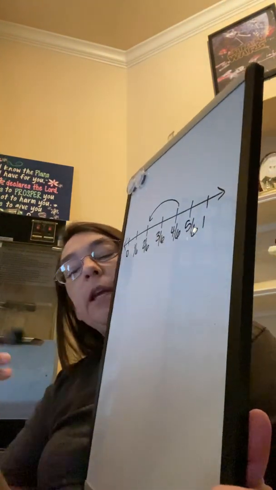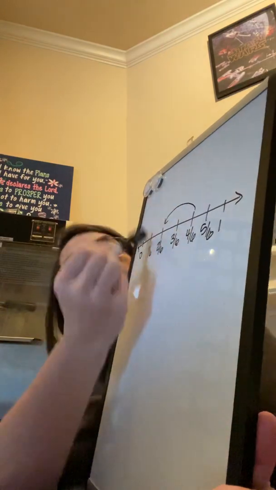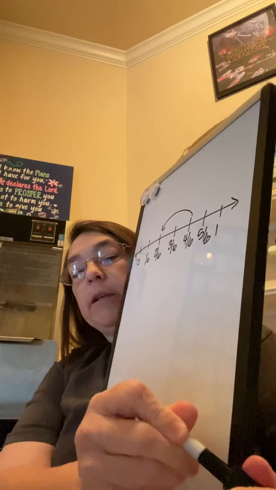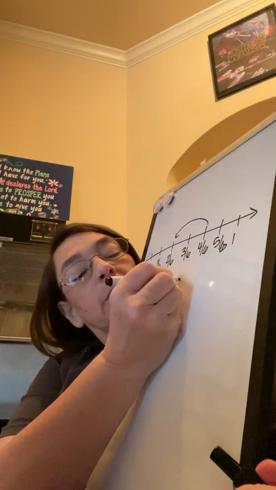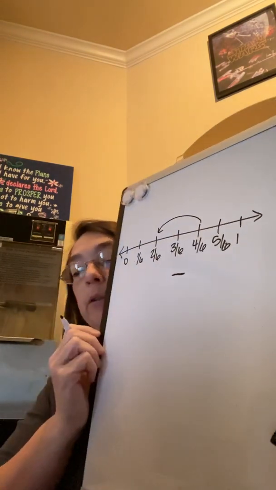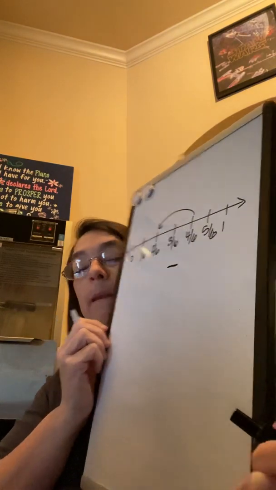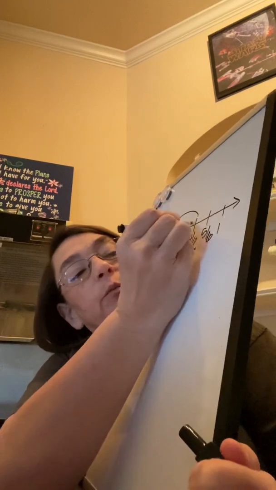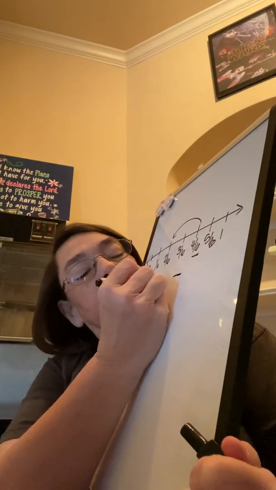All right, you notice the arrow is going back. So that means I'm going to subtract. So I'm going to go ahead and write my subtraction down. I'm starting with where the arrow starts, which is 4 over 6.